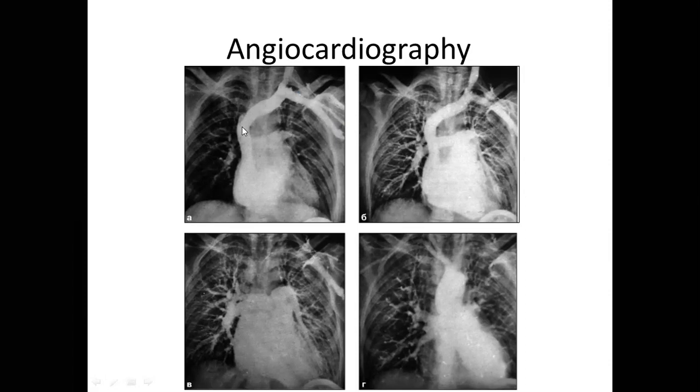Then we went to the right border of the heart, which means that here is the subclavian vein, here is the superior vena cava, and right here is the right atrium. And here is this type of butterfly-like appearance. This is the right ventricle. And from the right ventricle, we have movement of the blood into the pulmonary artery.